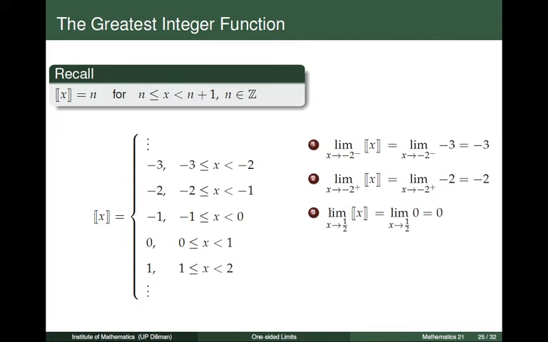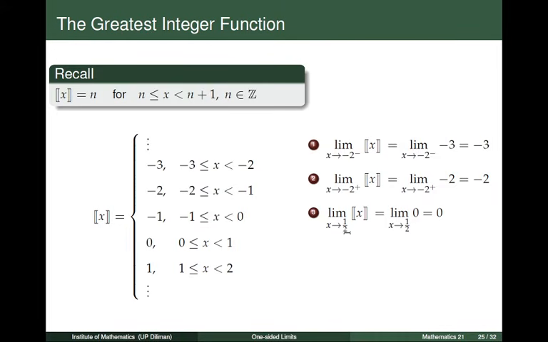Now, for the third example, let us consider the limit of the greatest integer of x as x tends to 1/2. So here we need to consider x values that are very, very close to 1/2. So which interval of values are we going to use?